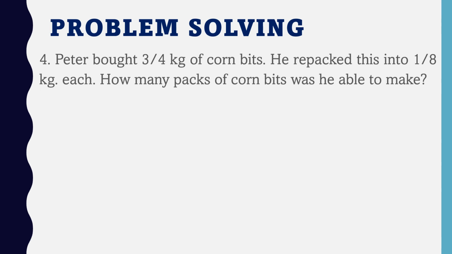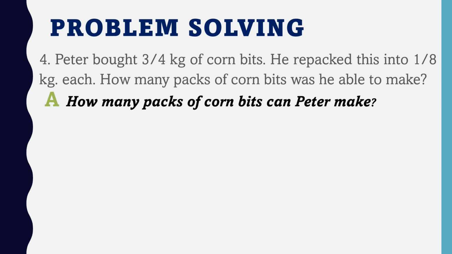Problem number 4. Peter bought 3/4 kilograms of corn beets. He repacked this into 1/8 kilogram each. How many packs of corn beets was he able to make? Okay, so what is asked in the problem is how many packs of corn beets can Peter make?